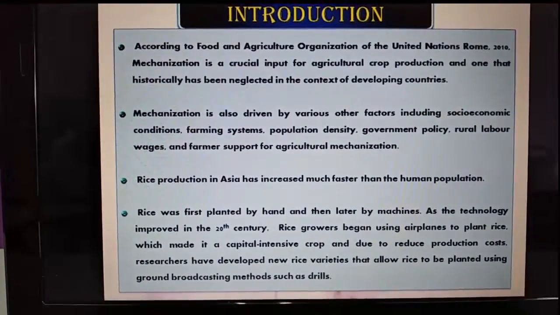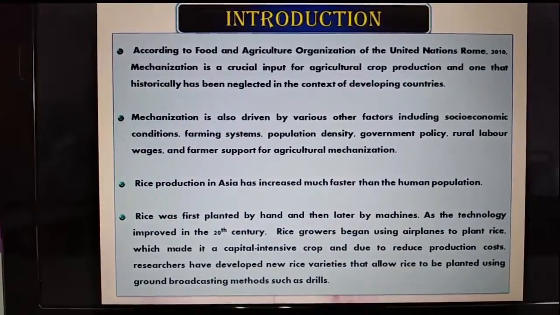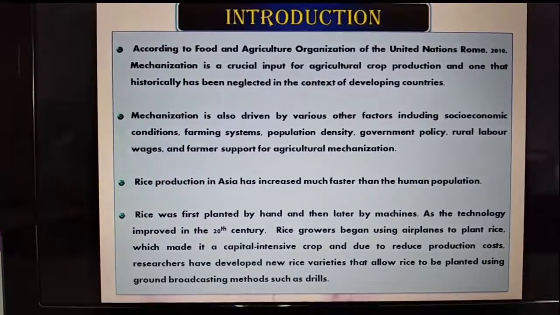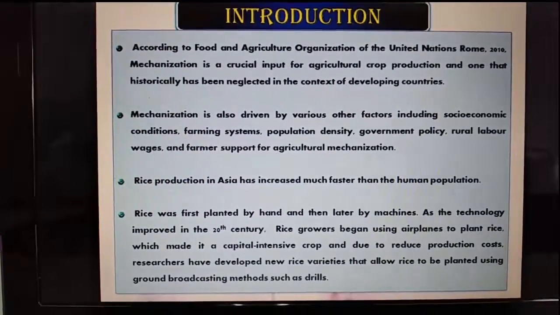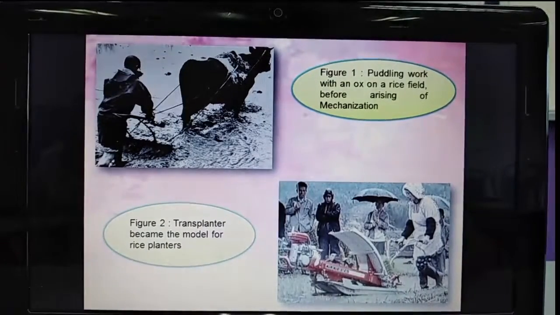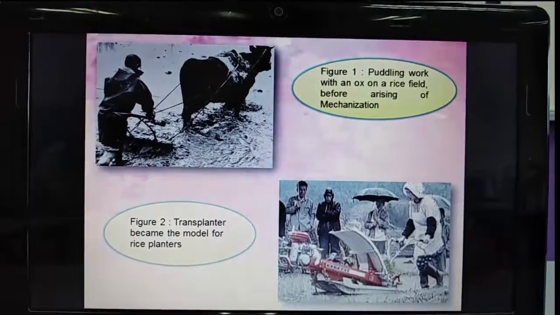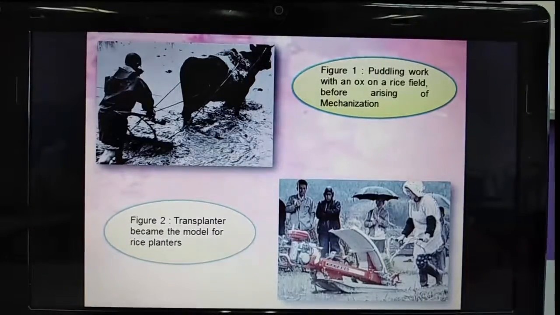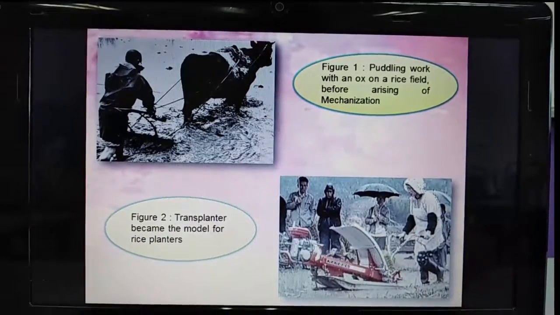And the technology based on chemical fertilizer and high yielding varieties has generally been successful in order to eliminate food shortage.